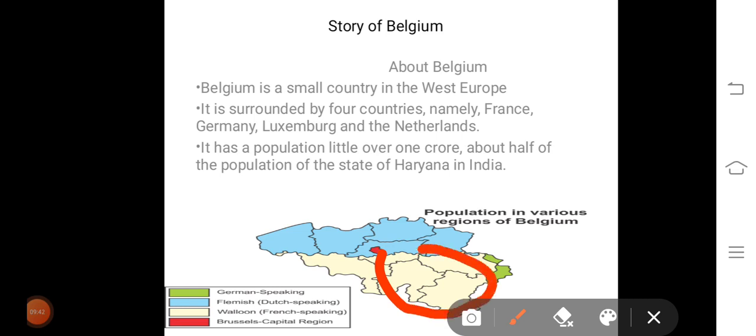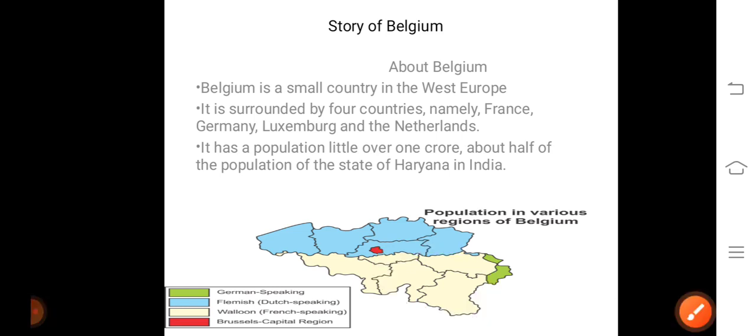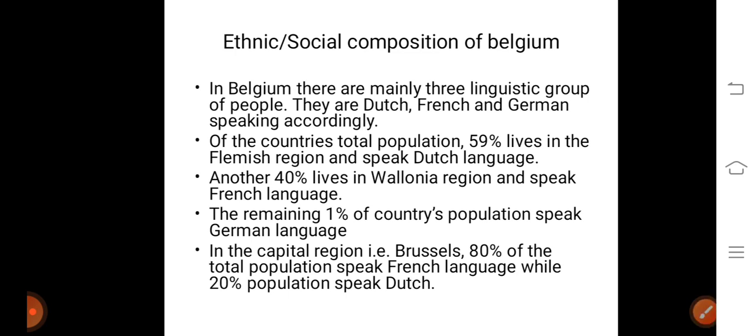Then 59 plus 40 is what? 99%. So the remaining 1% of the country's population speaks what language? German language. So in total, how much percentage? 100%, right? In this way the population of Belgium is divided into three linguistic groups, right?